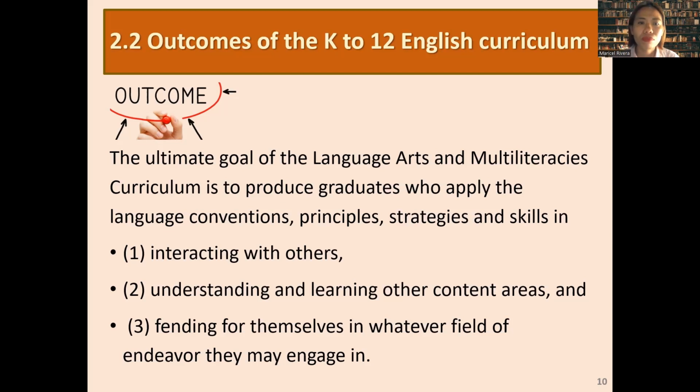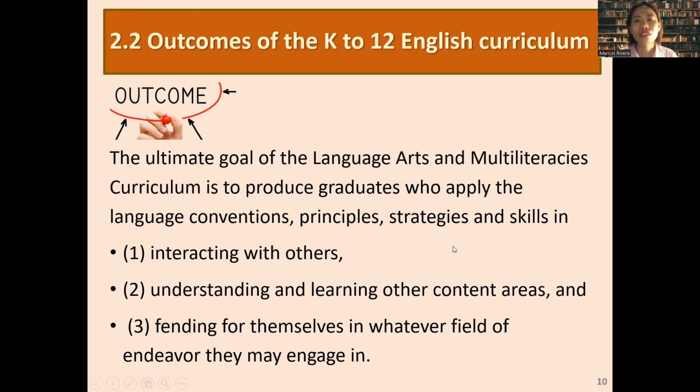So this is the ultimate goal, or this is the outcome that a K-12 English curriculum would like the students to become. Like this is crafted in order to produce learners with the following competencies.